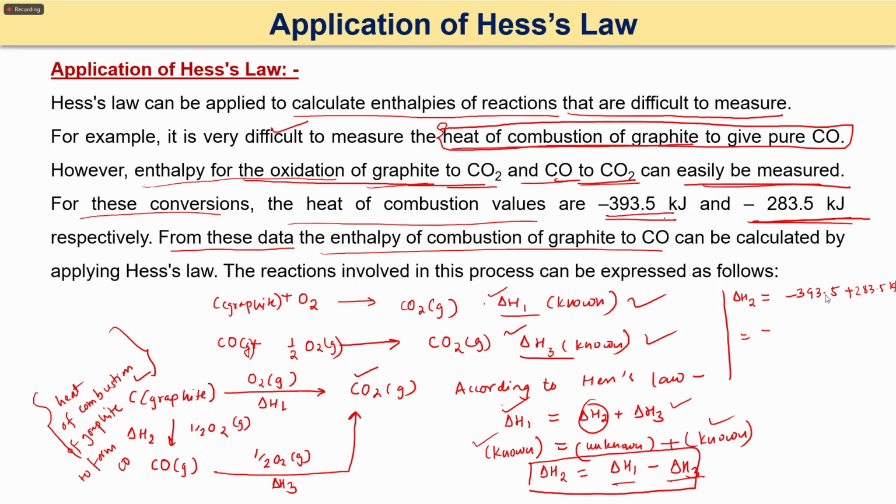Let me calculate it: minus 393.5 plus 283.5 comes out as minus 110 kilojoules. So your delta H2, the enthalpy of formation of CO from graphite, will be equal to minus 110 kilojoules.